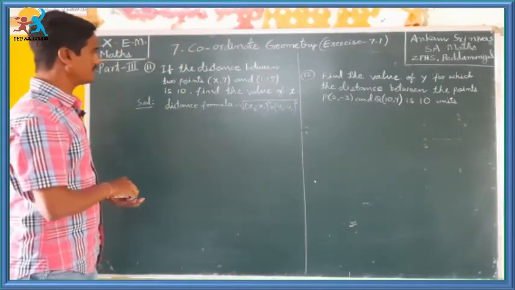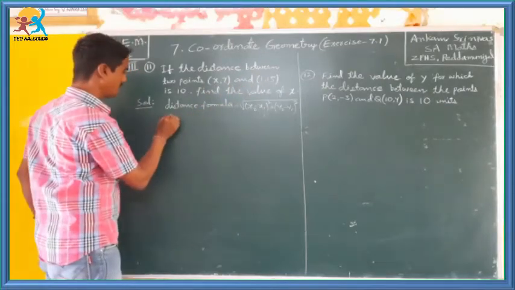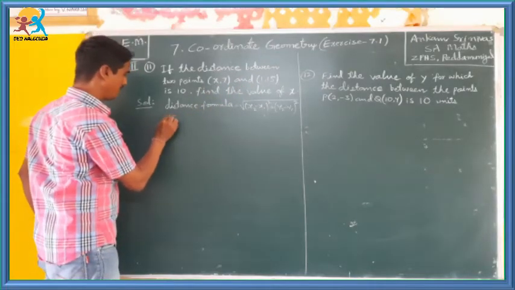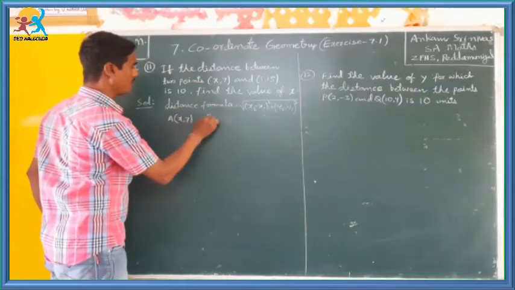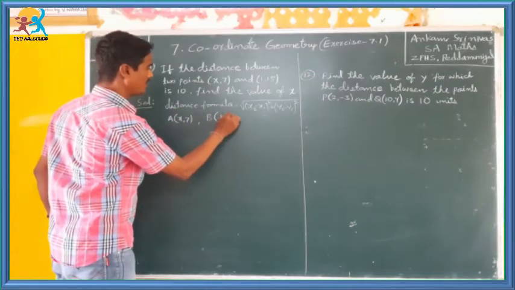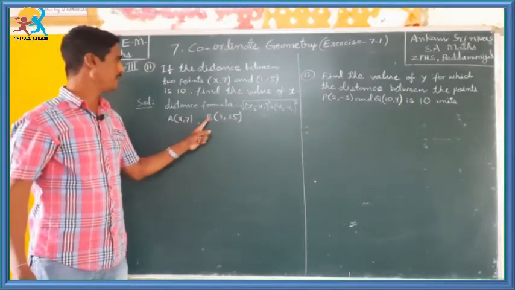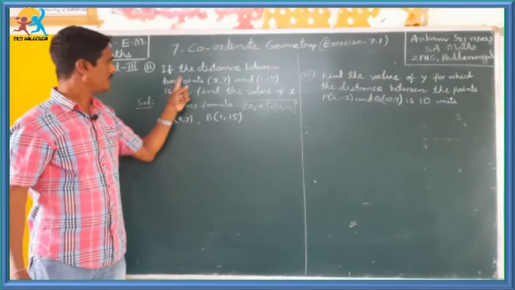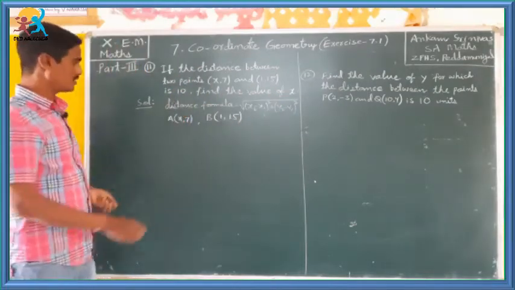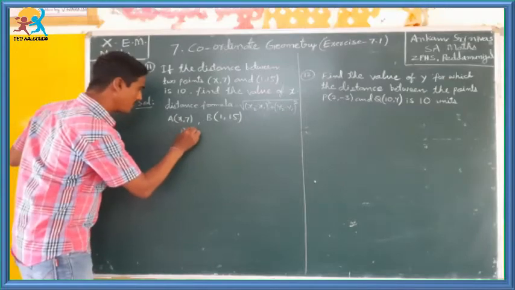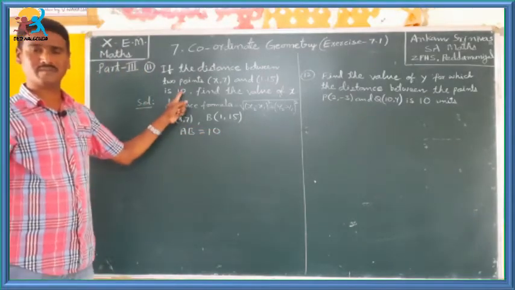Now in this case, given the 2 points, let us suppose A is x comma 7, B is 1 comma 15. The distance between A and B, as per the problem, is 10 units. So AB equals 10.